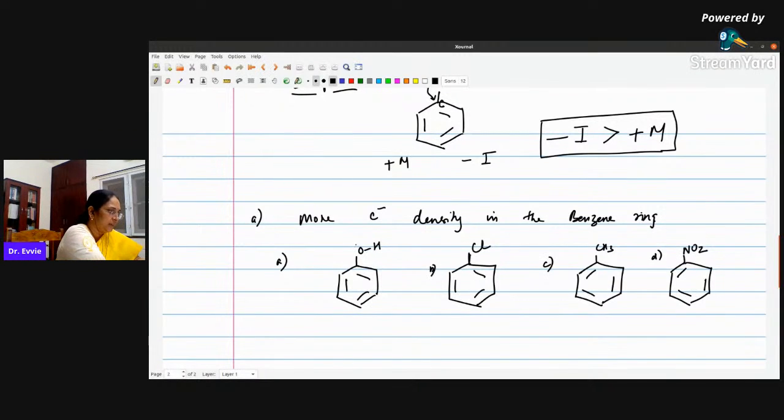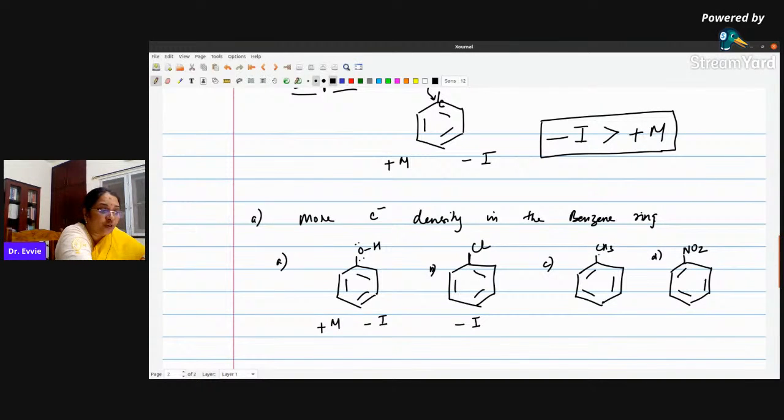Okay, so now here first we will see what the effects are. Now we know that this lone pair will enter, so it will show plus M effect and it will also show minus I effect, right? Now this one, as I told you, halogen means minus I will dominate. Okay, so let's only write the one which is taking command. So minus I effect.